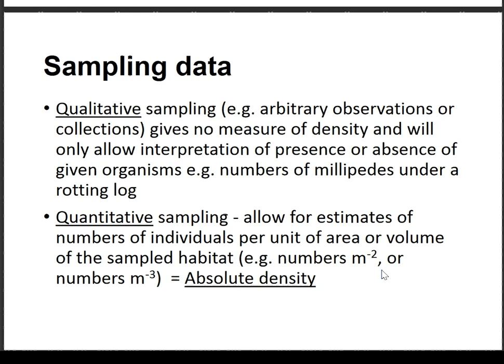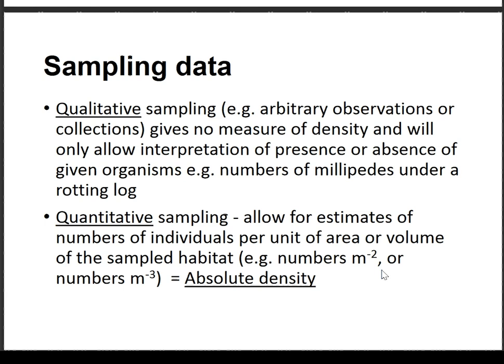Okay, you may just want to record presence absence in that case because it's just simply too time consuming to count every individual. Okay, so you'd have to leave that to quantitative sampling to count every individual in a sample plot, but that would give you a very good measure of density.